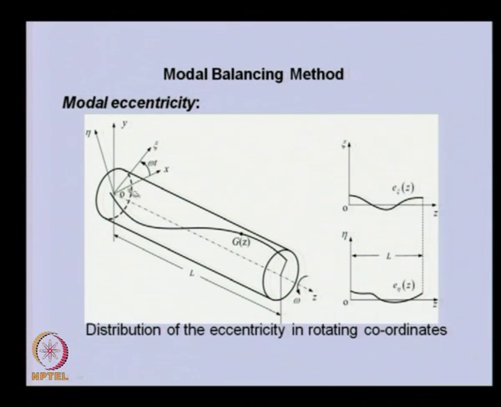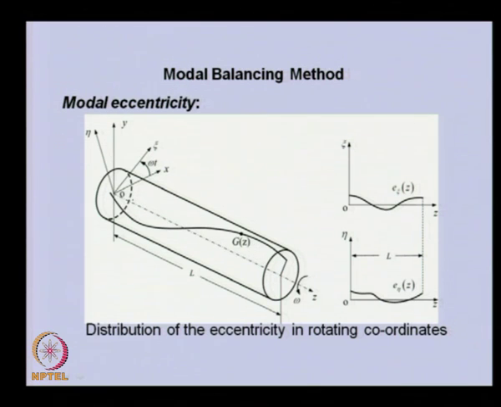This has been exaggerated, but the shape we would like to highlight is that if we take one particular slice of the rotor here, the center of gravity is not only changing in radial position, but its orientation is also changing as we go along the length of the shaft.